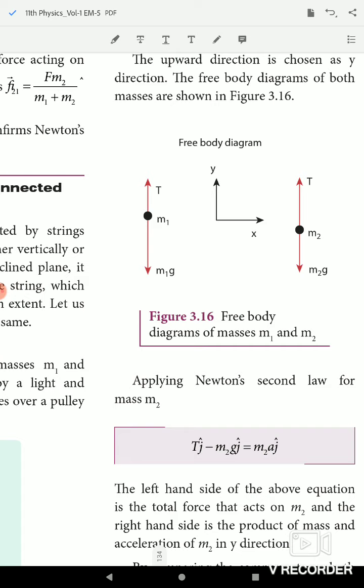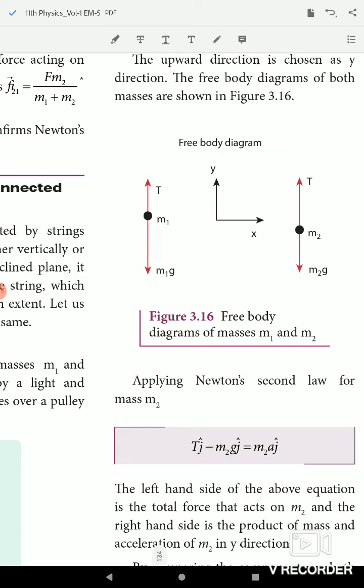Similarly for M2, the tension acts upwards and the gravitational force M2g acts in the downward direction.